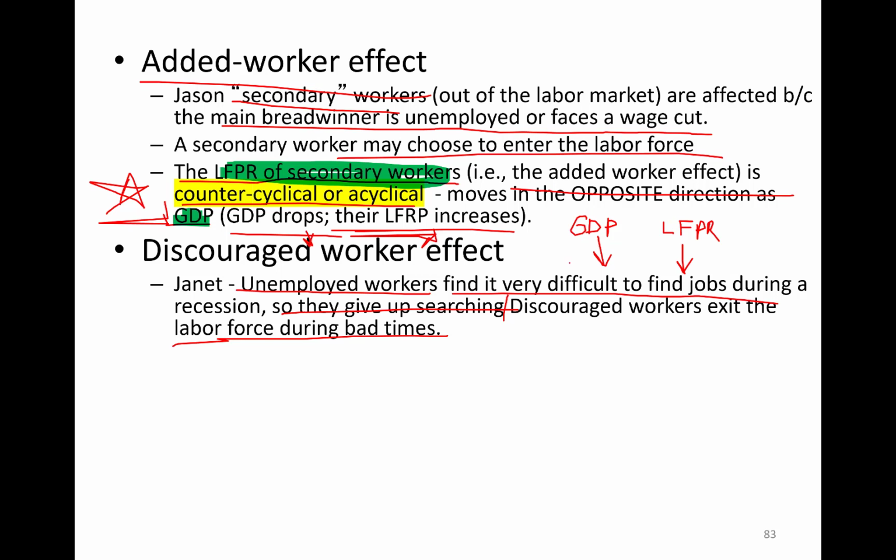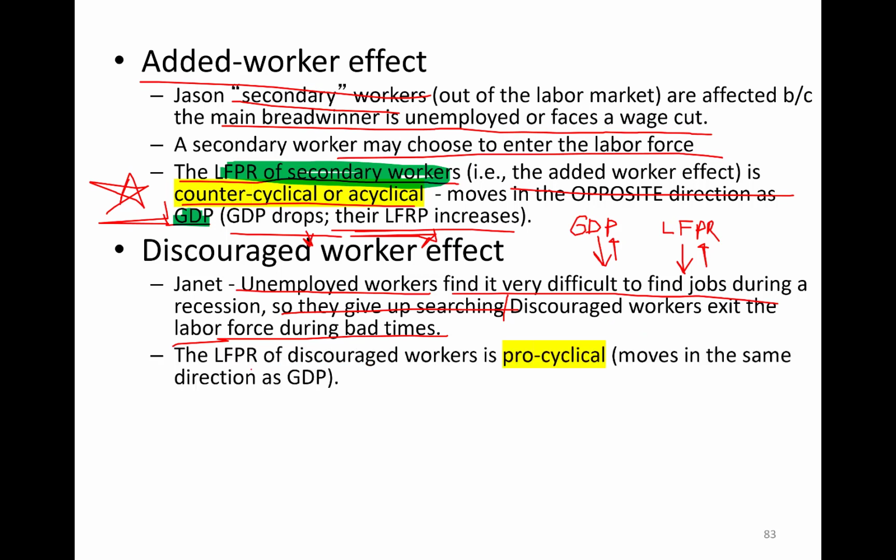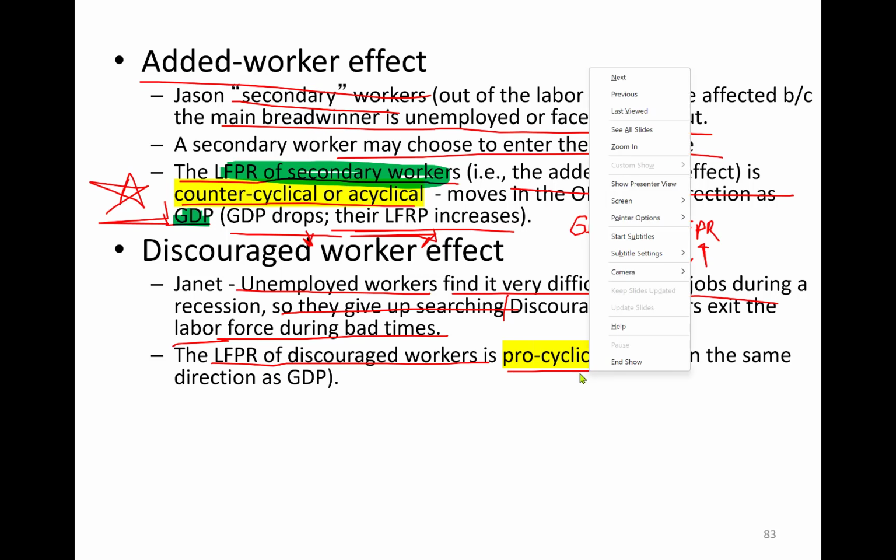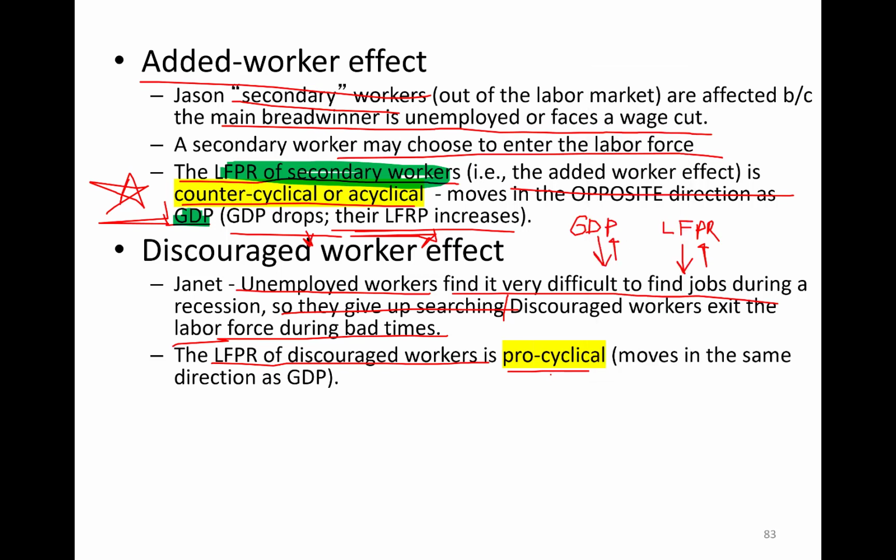It moves together with GDP. GDP goes down, they're less likely to be in the market. GDP goes up, they're more likely to enter the market. So we say that the labor force participation rate of discouraged workers is pro-cyclical. Pro-cyclical means it moves in the same direction as GDP.